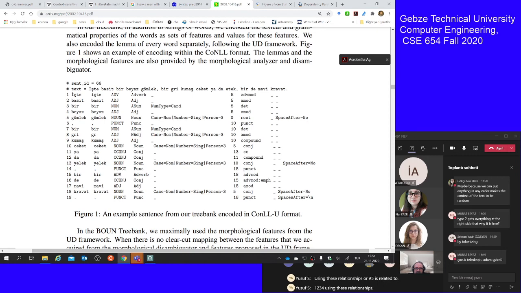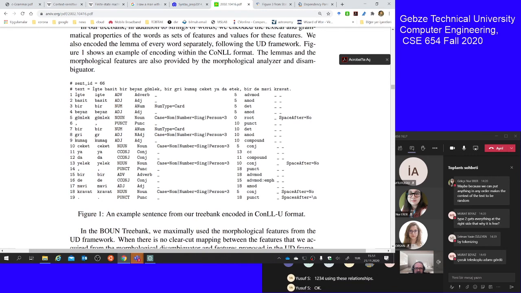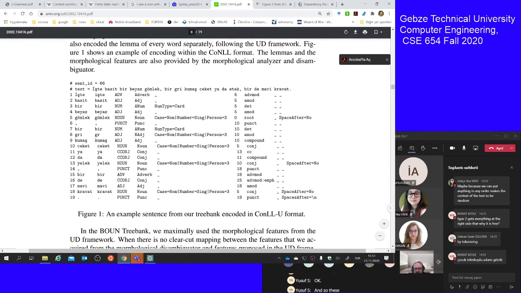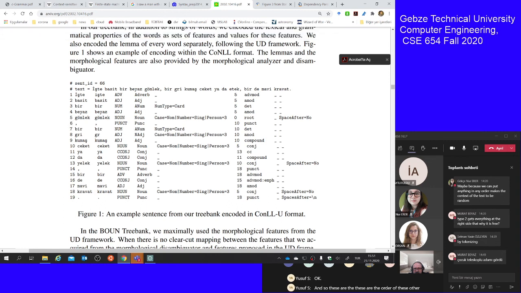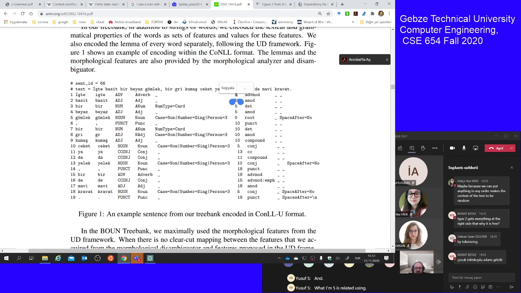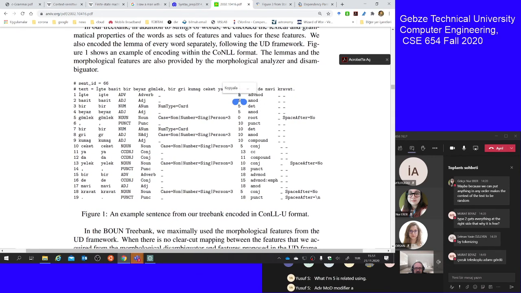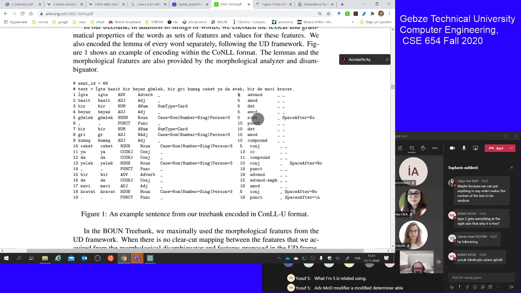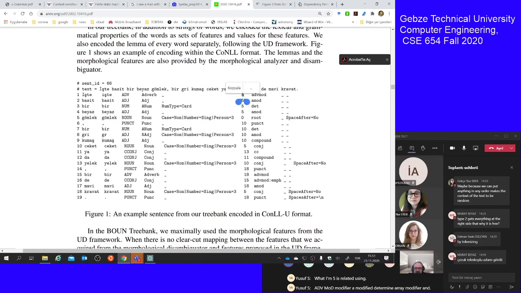These are the numbers for the words. 5 gömlek, 4 beyaz, 3 bir, right? And 1 and 5 are related using an ADV modifier, a modifier, a determiner, and this one is related to the root.